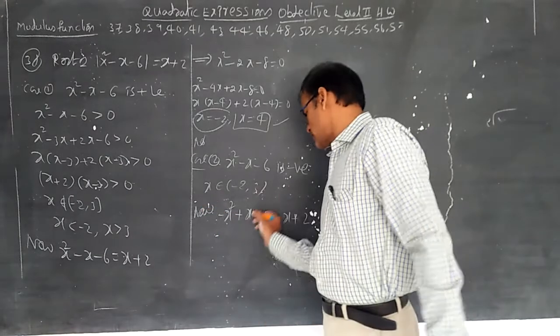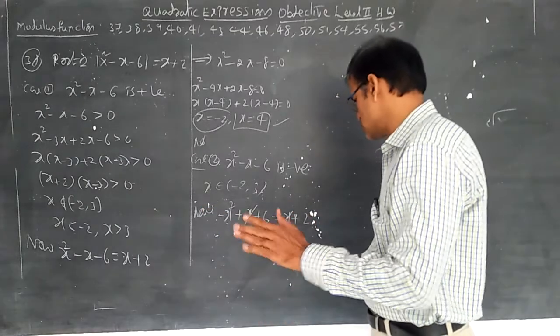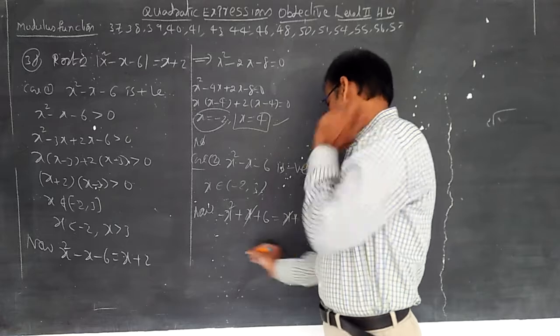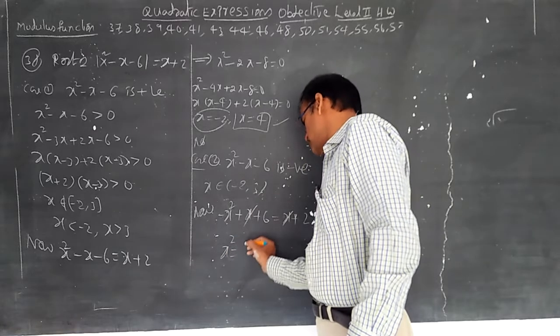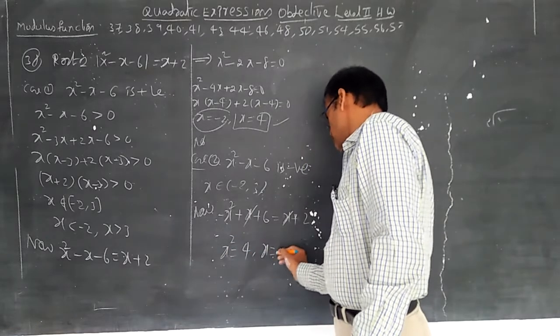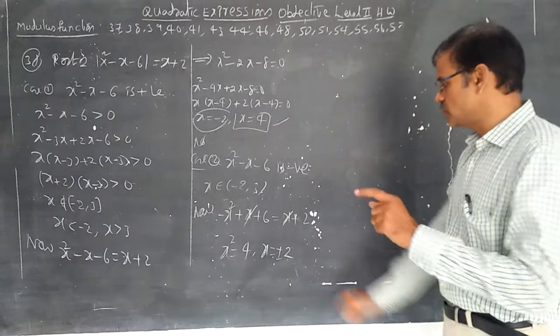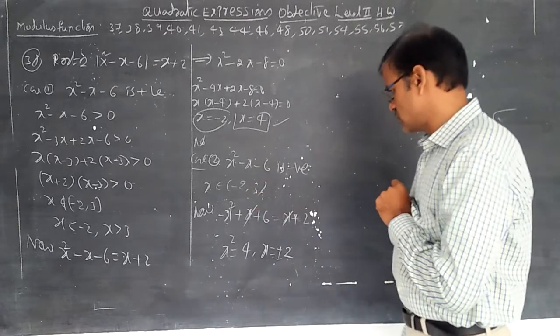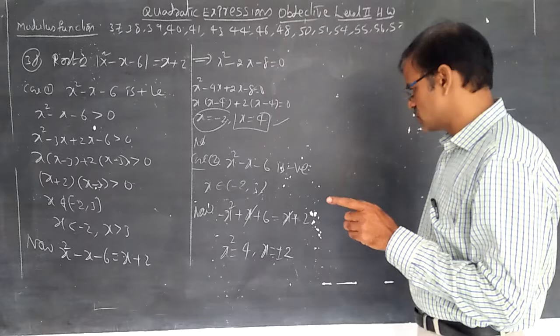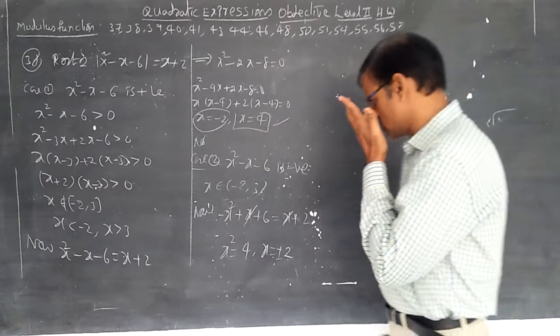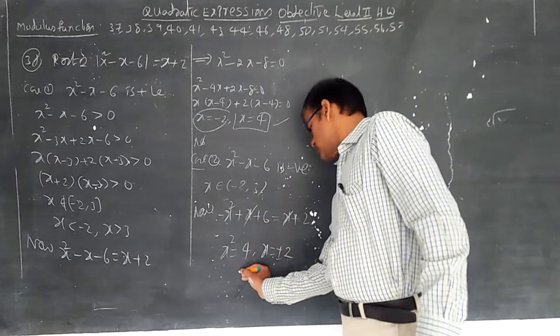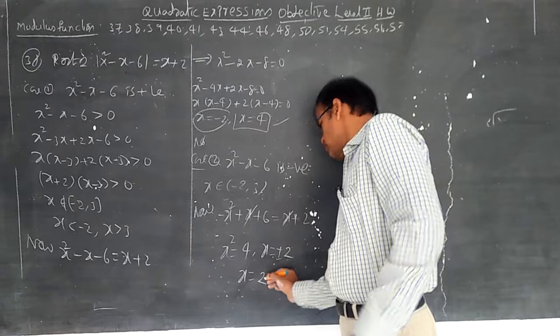The x and x get cancelled, and the minus x square taken across, it becomes x square equal to 4, x is equal to plus or minus 2. The value should lie between minus 2 and 3. Minus 2 should not be included, so 2 is the only correct answer. Minus 2 is an open interval.